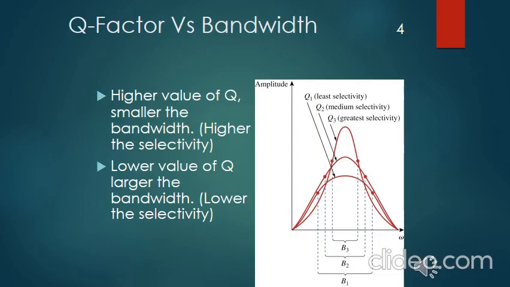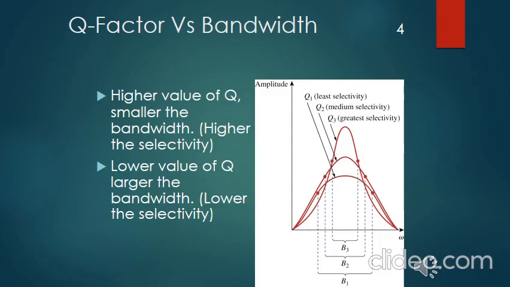Quality factor versus bandwidth. The higher the value of quality factor, the smaller the bandwidth and the higher the selectivity. That means if the quality factor is higher, the selectivity is the greatest. At a lower bandwidth you will get a higher quality factor.